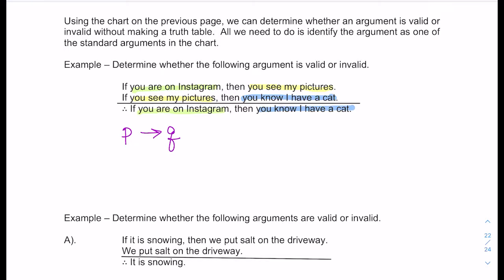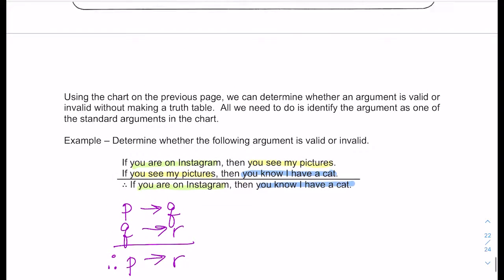So if P, then Q. If you see my pictures, then you know I have a cat. So if Q, then R. Therefore, my conclusion says, if you are on Instagram, so if P, then you know I have a cat. If P, then R. See if you can find that example in the table that's posted above.